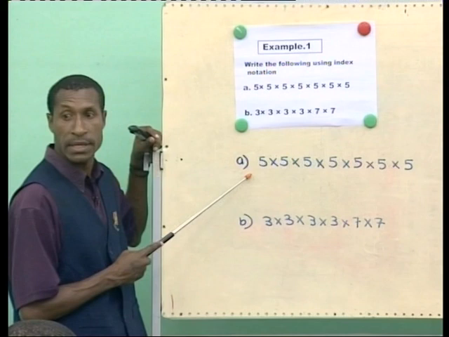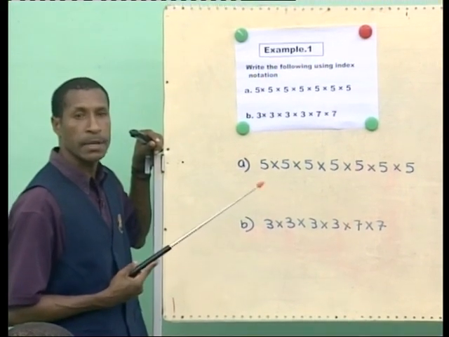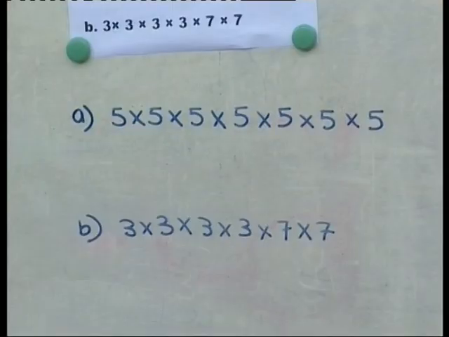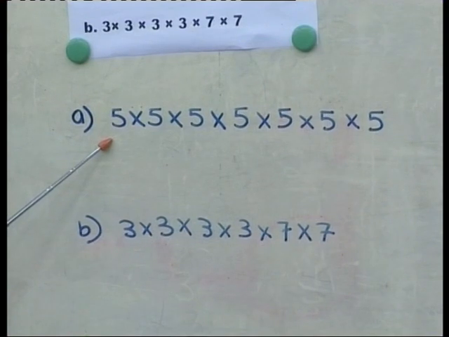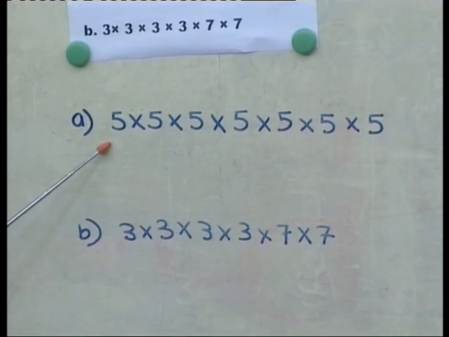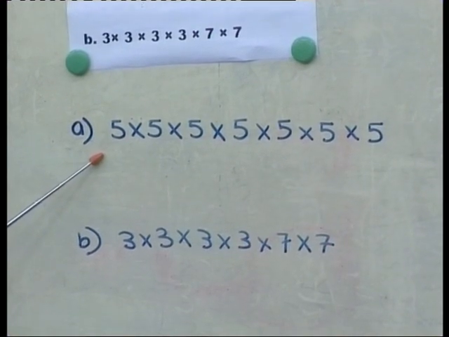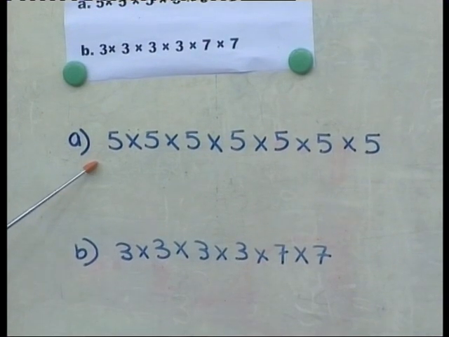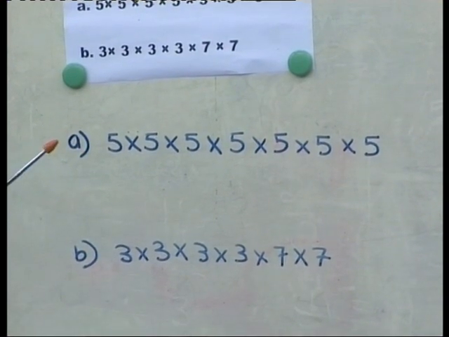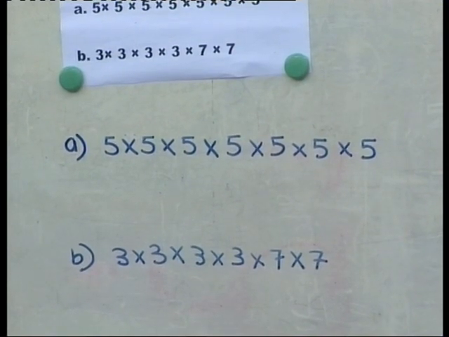Remember, index notation is a shorthand way of writing repeated multiplication. Now, the number that has been repeatedly multiplied is what? 5. In index notation, the number that has been repeatedly multiplied becomes the base of the expression. It becomes the base.